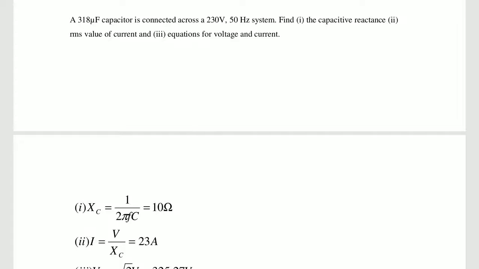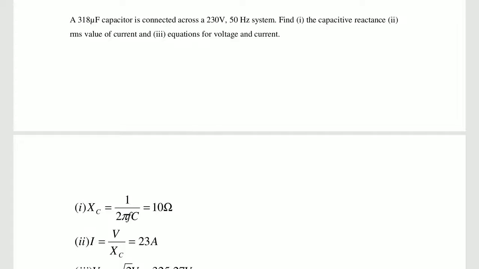The 0 cancels, remaining is 23. So here 23 amps is the RMS value of current.